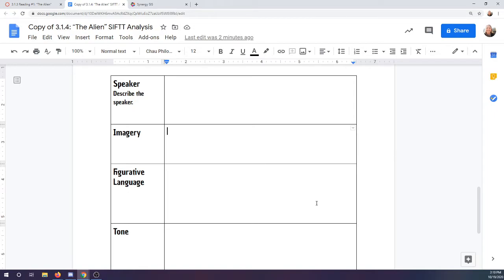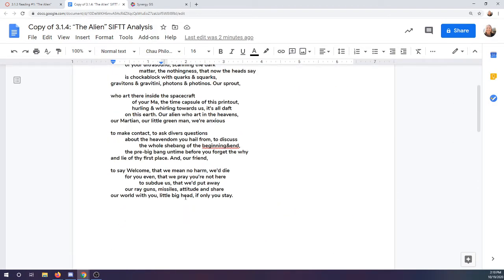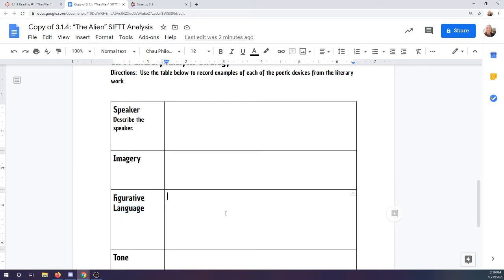So for example, if I say that my garden is in Eden, I am making a biblical allusion to the Bible. So find an example of figurative language, those tricks that writers use to make their writing more entertaining. Copy it, paste it, and explain it to me.